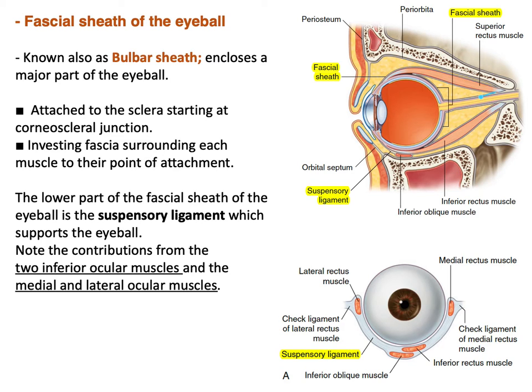When you say palpebral, that means something related to the eye, and attached all the way around the sclera, which is the white part of your eye, all the way until it reaches the corneoscleral junction. This junction is between the cornea and sclera, so it stops and adheres here, and also it covers the optic nerve all the way around the sclera until it reaches the corneoscleral junction.